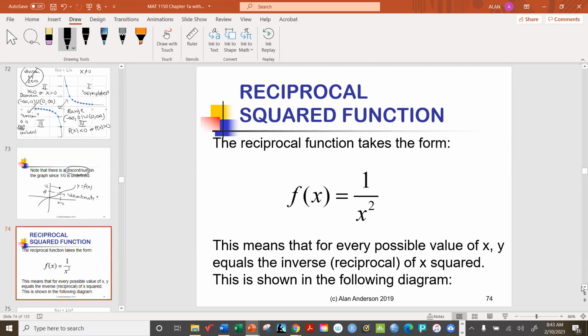So for example, if x is 3, this becomes 1/9. But if x is -3, it's also going to become 1/9 because 1 over -3 squared is 1 over 9. So that means that, well, you'll see what it means in a second when you see the graph.